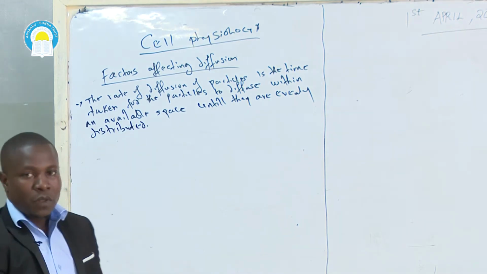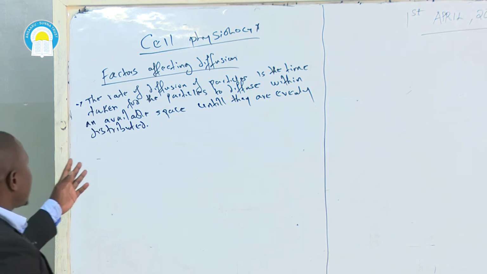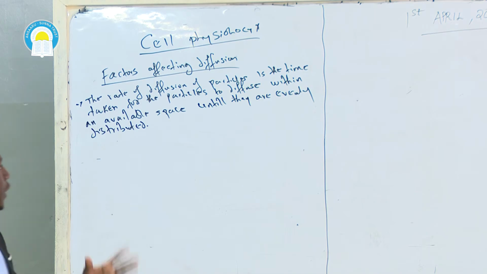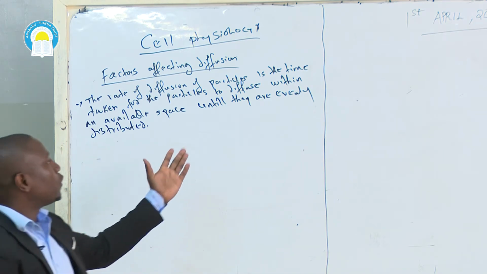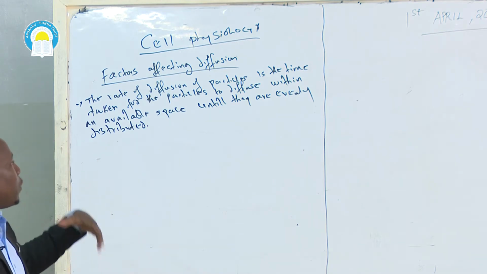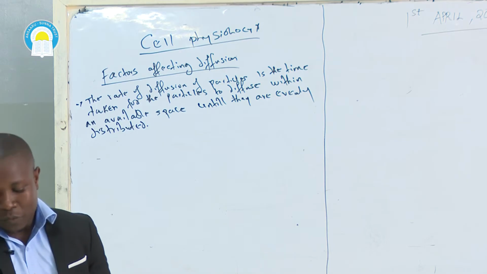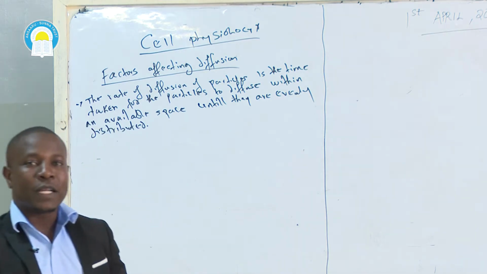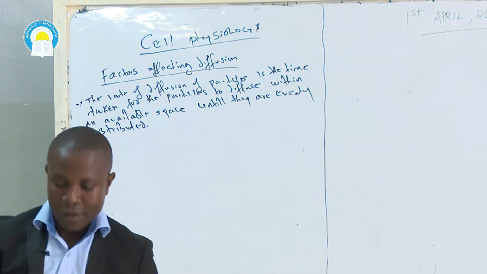So, before discussing the factors that affect diffusion, we've been told that the rate of diffusion of a particle is the time taken for the particle to diffuse within an available space until they are evenly distributed. On these factors, I want to talk about temperature, what happens when the temperature is high or when it is low.